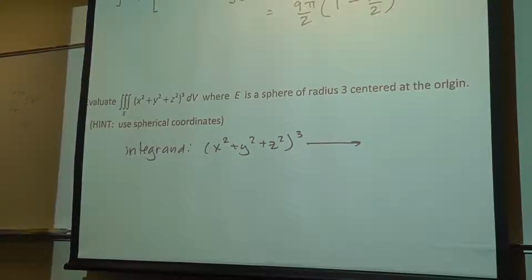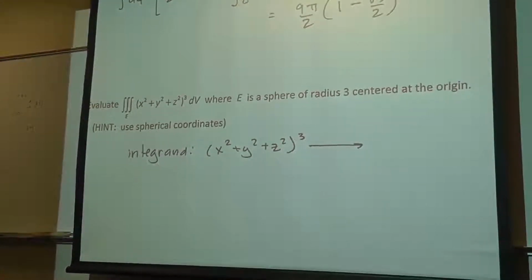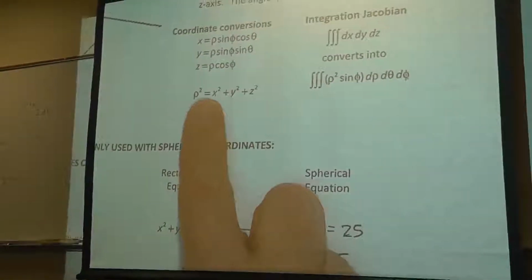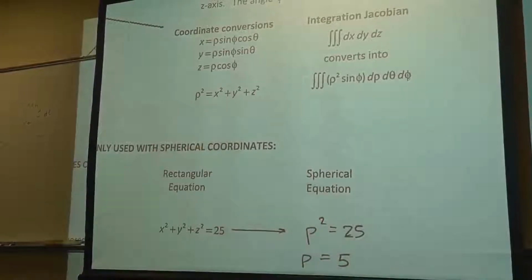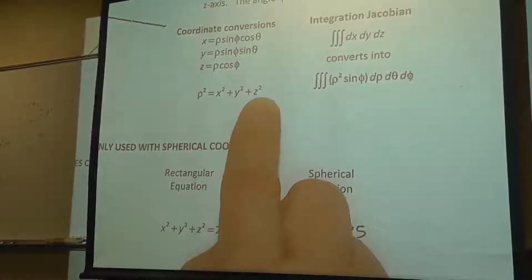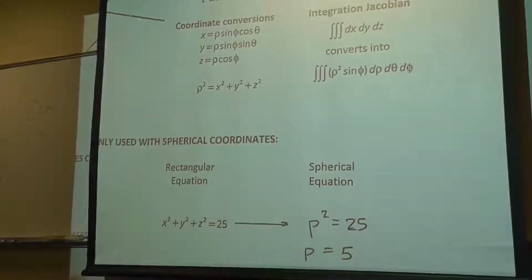In cylindrical and polar, the main pairing is x squared plus y squared equals r squared. Go one dimension higher, and that's why I want you to think of rho as a three-dimensional spherical version of r. So anytime you see the expression x squared plus y squared plus z squared in either the limits or the integrand, that directly translates to rho squared.